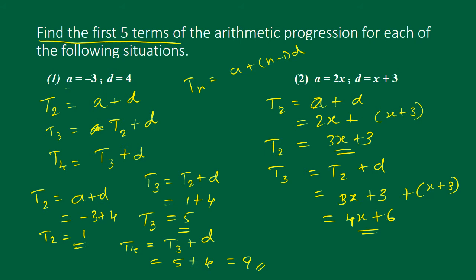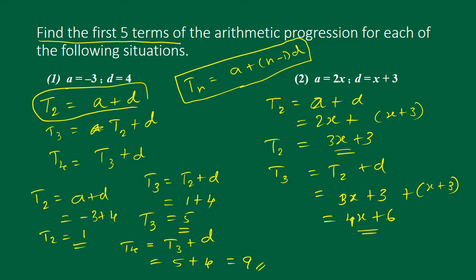So this way is rather easy, right, than this one. If you have to find the fifth term at once, you can use this one. But here you have to find t2, 3, 4, 5 consecutively, so I think this method is better. And we will further use this tn formula, and we will learn how to do that.